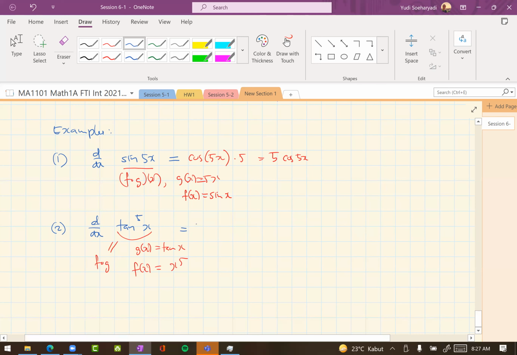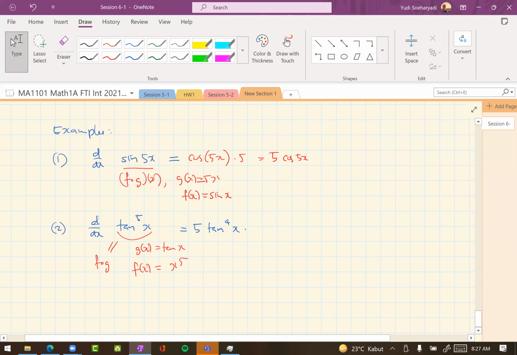So then what you have is that f prime, so derivative of power of 5, g to the 4. And then you got to multiply by the derivative of tangent.